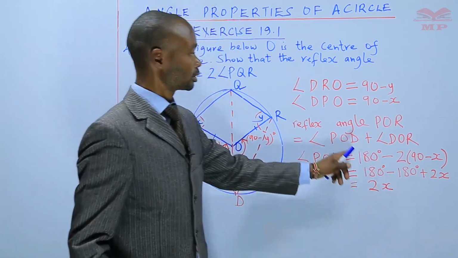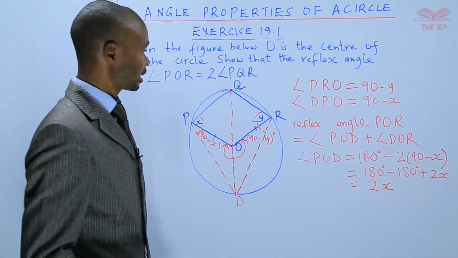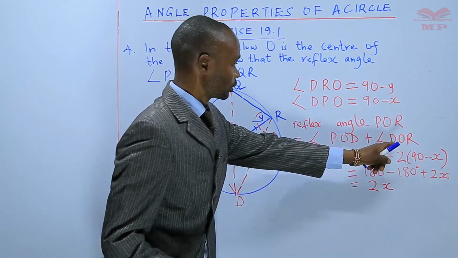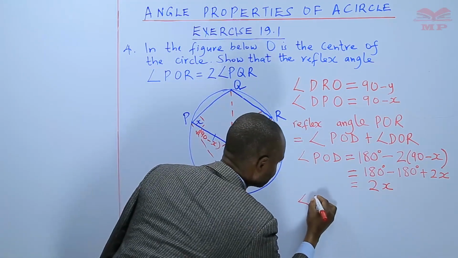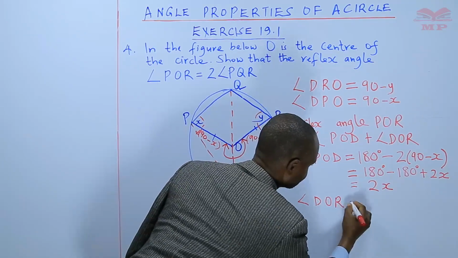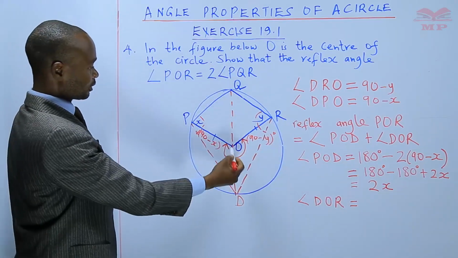I have now got one of the angles. I need to work out the other angle. I need to work out angle DOR. So I'll come down here. Angle DOR is equal to, I'll go to the diagram. Where is DOR?